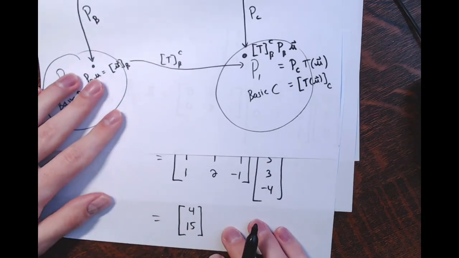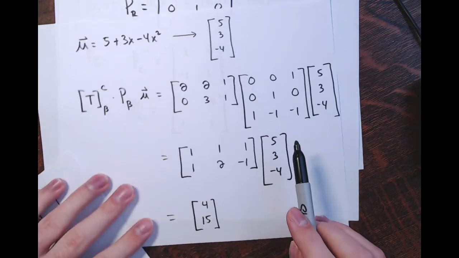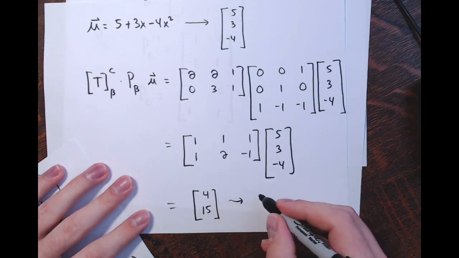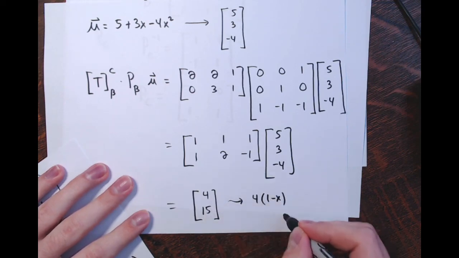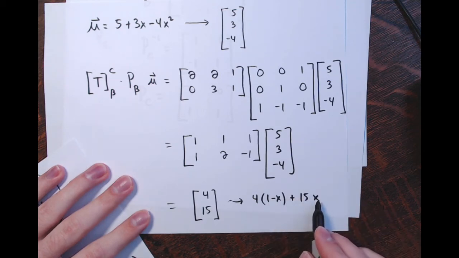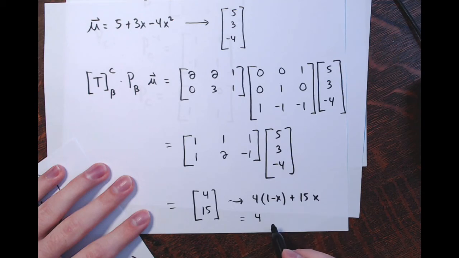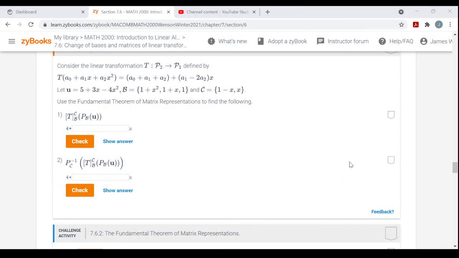Remember, this T times PB times U gives me the coordinates relative to C. So back in the normal part, that'd be 4 times 1 minus x plus 15 times x. These are the vectors from C. And when I multiply this out, this would be 4, and then minus 4x plus 15x is plus 11x. So they want me to fill in 4 plus 11x here. Right, so putting in 11. Yeah, I know. That should be 11. It shouldn't be 15.